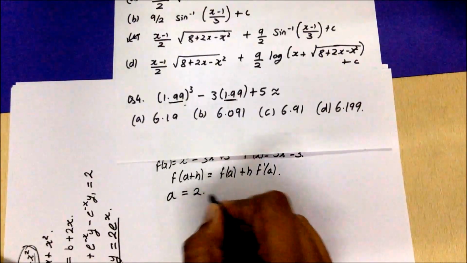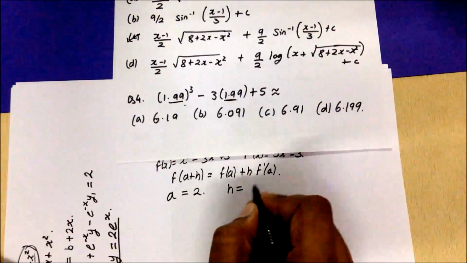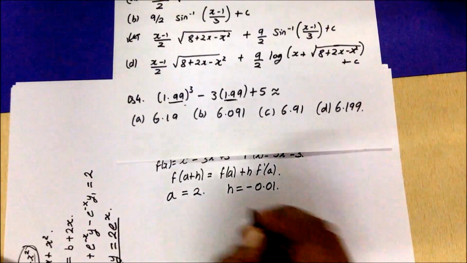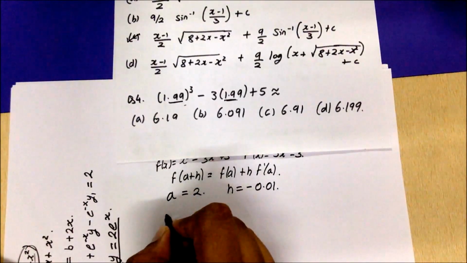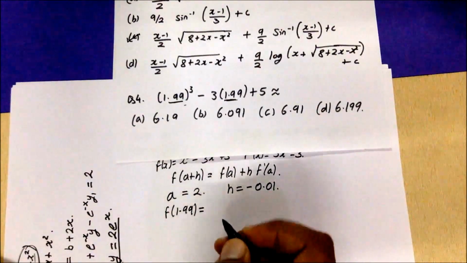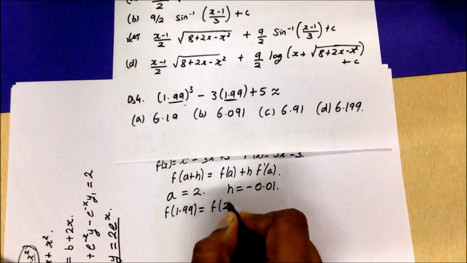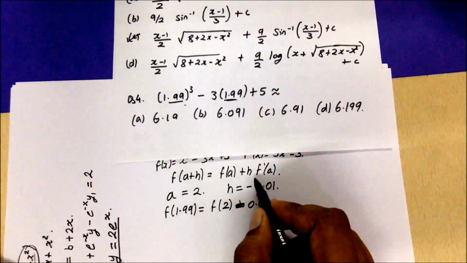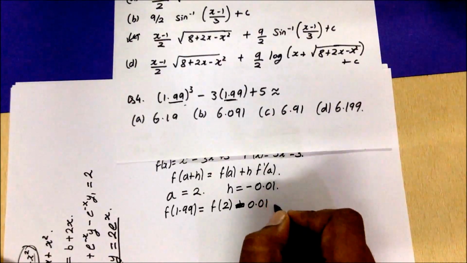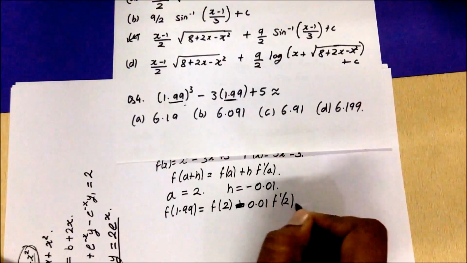So your a is 2, so in this case my h is going to be minus 0.01. So substituting those values, your f of 1.99 is going to be f of 2 plus h, where h is minus 0.01, into f dash of 2.